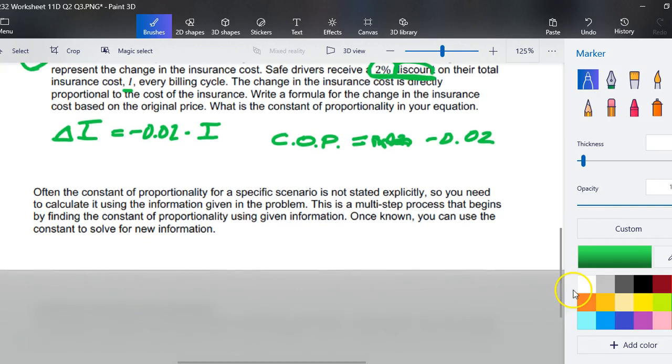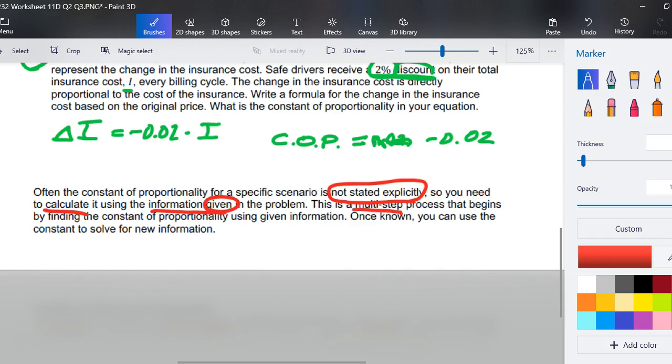And then a little bit to read that says, often the constant of proportionality for a specific scenario is not stated explicitly. Everything we've looked at so far, it was in our paragraph, and we could pull it out, manipulate an equation, and come up with our constant of proportionality. So another skill you're going to need is to know how to calculate it using information that is given in the problem, and it's several steps.